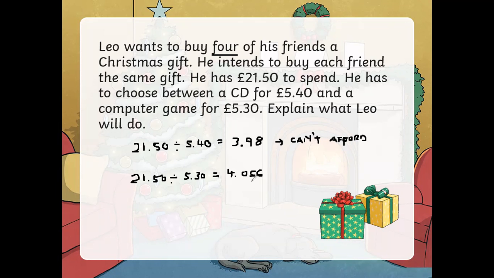Okay, and this means that he can afford that, and then he has a tiny bit of money left over for himself as well. But that means that he should buy the 4 computer games for his friends.